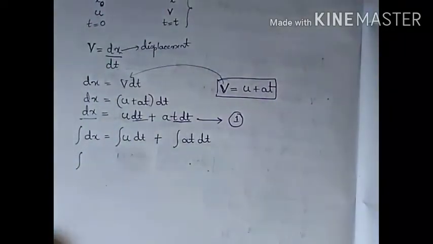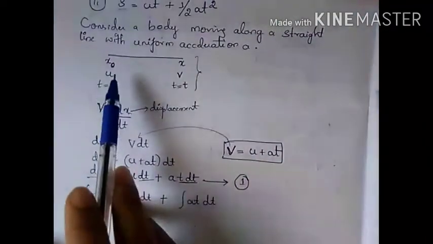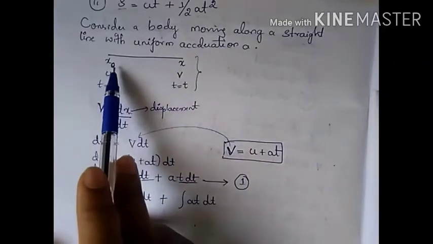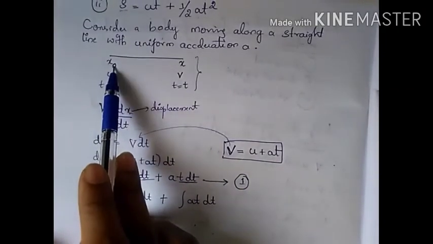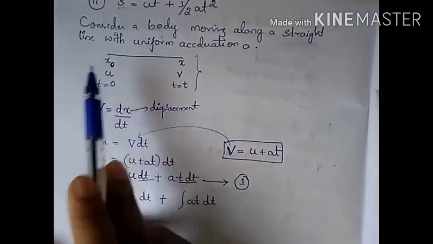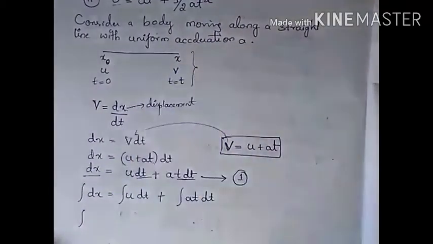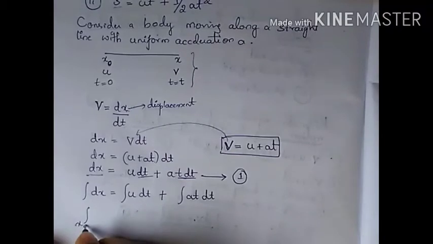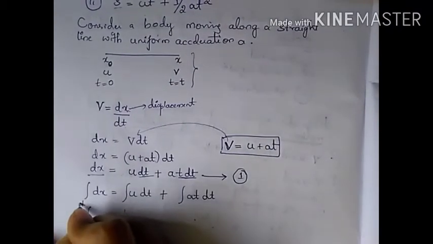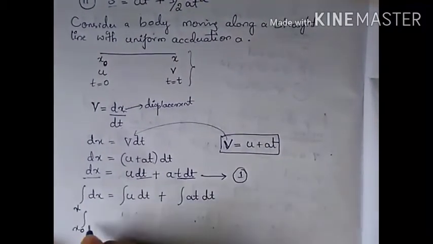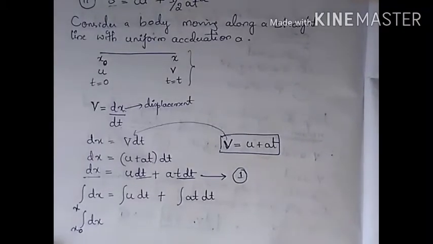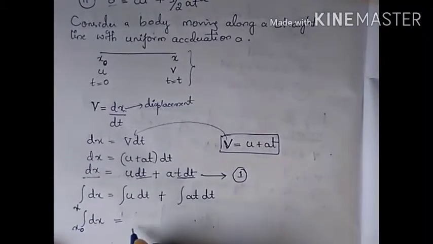Initially the body was at x equals x naught, and at the final position x equals x, so the limits for x are from x naught to x.